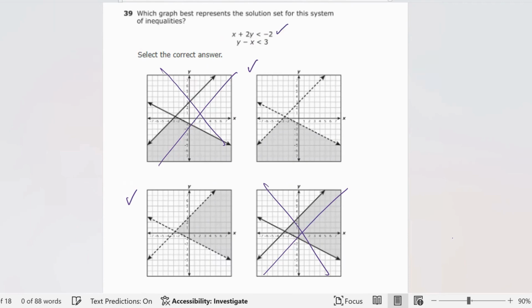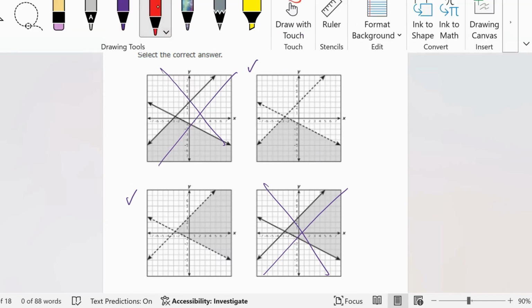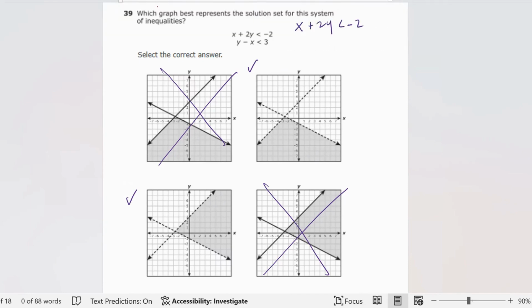So the first one here is x plus 2y less than negative 2. You're going to do the same steps. If you see an inequality sign, there's no equal sign, so it's an inequality. I put parentheses, minus x, close parentheses, that's gone. And then divided by 2, that's gone.